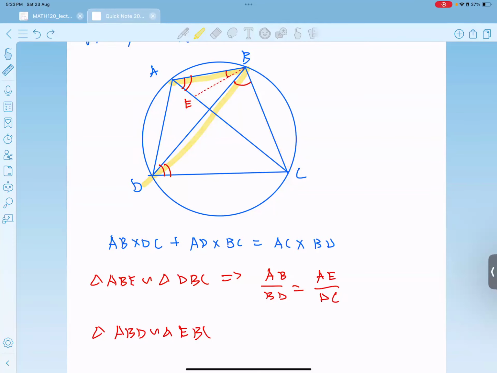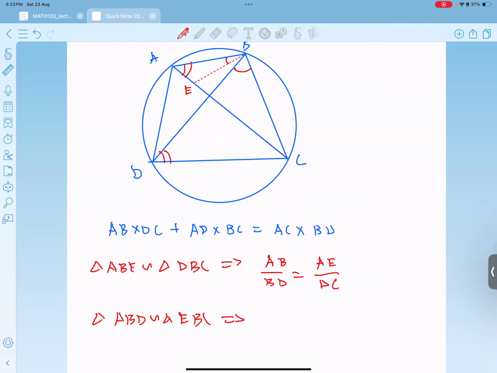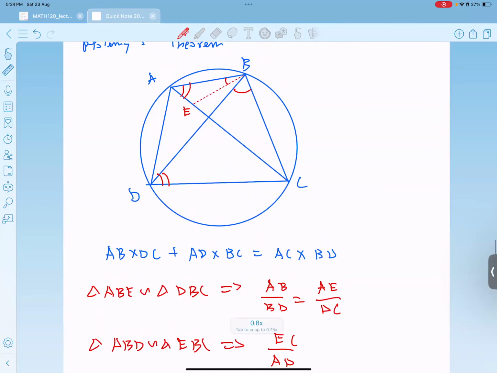And here you'll get ABD and EBC. So I think AD should be at the bottom. Why are the triangles similar?